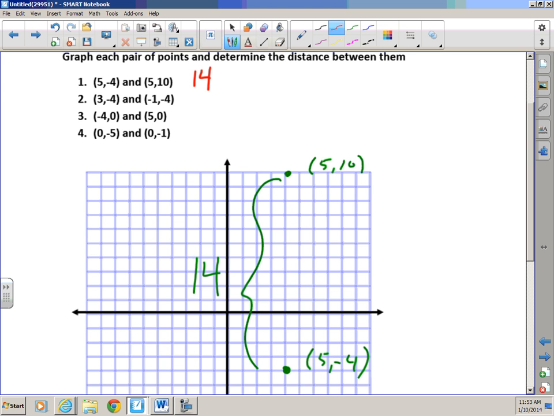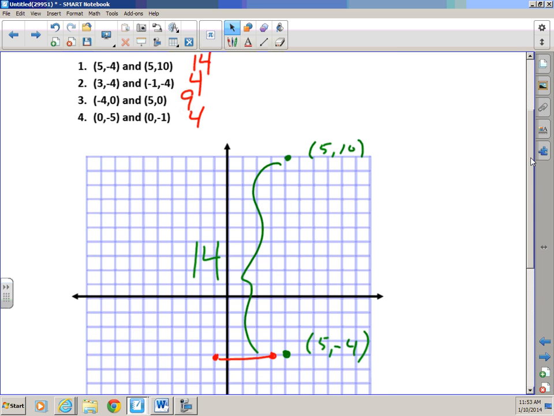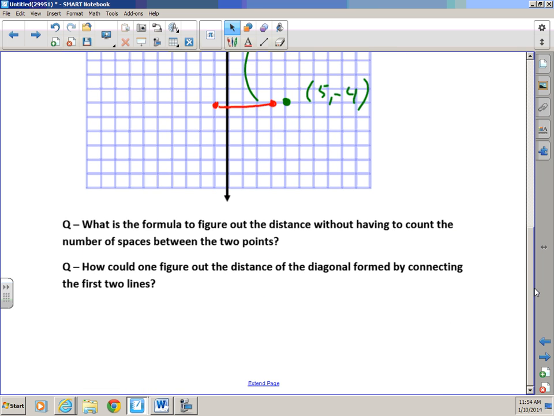The distance between 3, negative 4, and 1, negative 4 is a distance of 4 units. And if I do the same for the others, I get 9 and 4. Now, I could always do this counting, but I really don't want to have to do it if the points are very far apart. So there's a little formula.